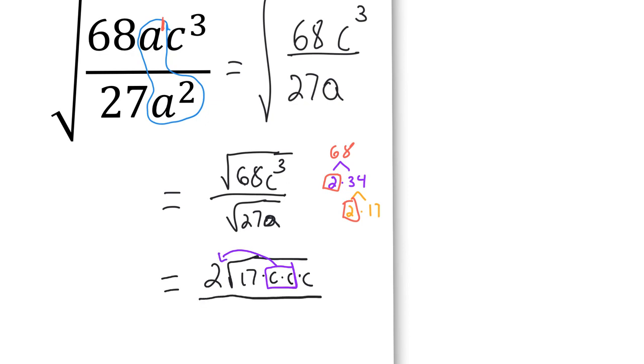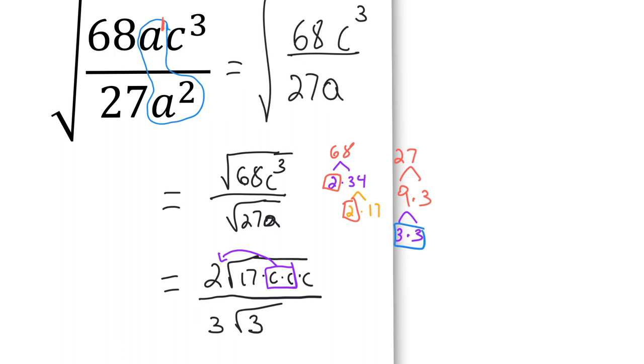On the bottom, let's go ahead and simplify the 27. So the bottom 27, I'm going to put it right here. I know that's 9 times 3. The 9 is 3 times 3, and I can make pairs of 3's. So I'm going to put the 3 outside of the radical, and the a, well, before the a, let's not talk about the a right now. You have a 3 with no pair right here, so you're going to put that inside of the radical.